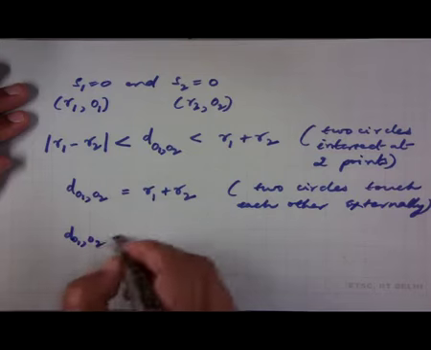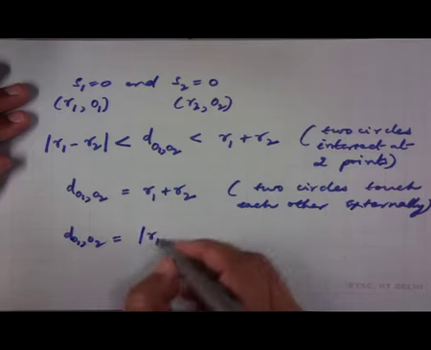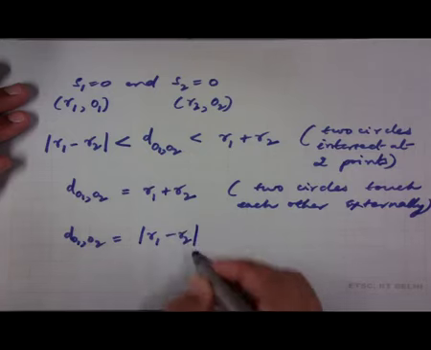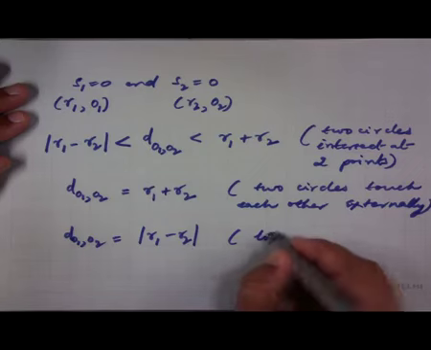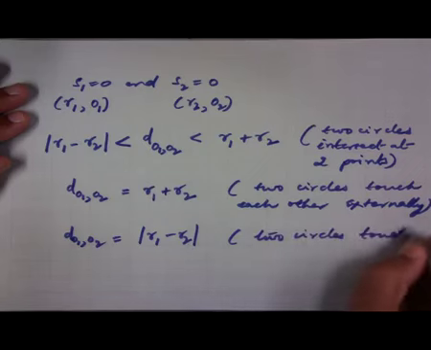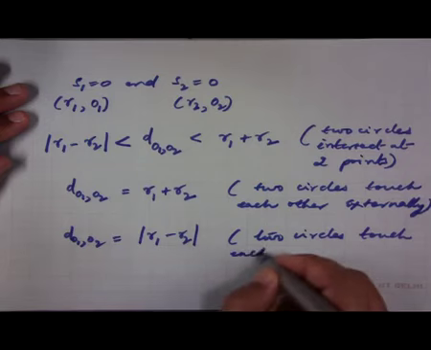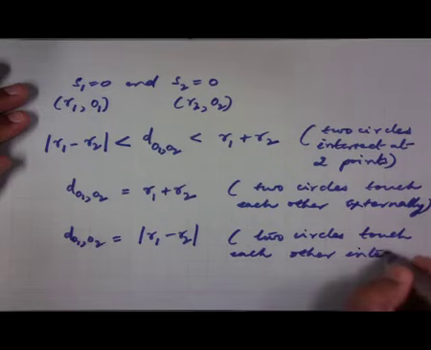We also said that if this distance between the centers of two circles is equal to the absolute value of the difference of the radius, then in that case the two circles touch each other internally.